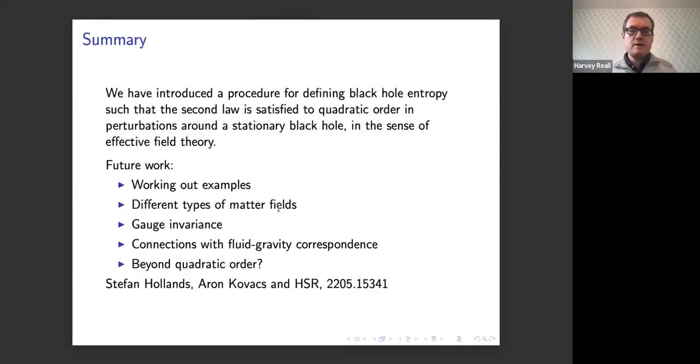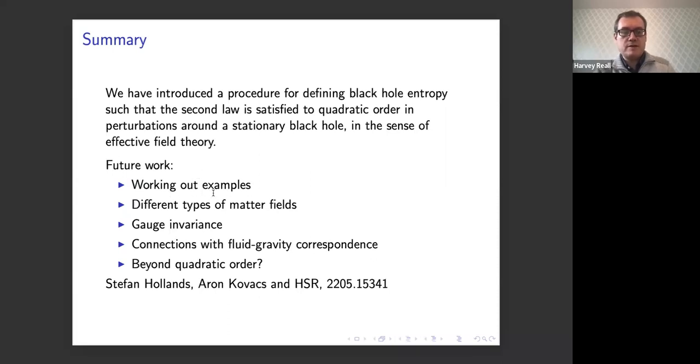Okay, so to conclude, we have introduced a procedure for defining black hole entropy such that the second law is satisfied to quadratic order in perturbations around a stationary black hole, in the sense of effective field theory. So there are various things that can be done in future work.